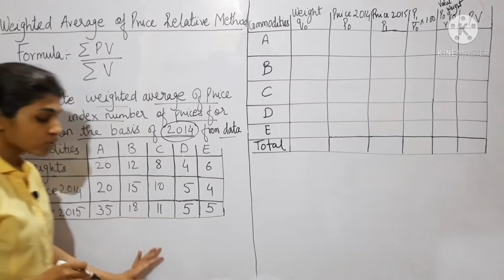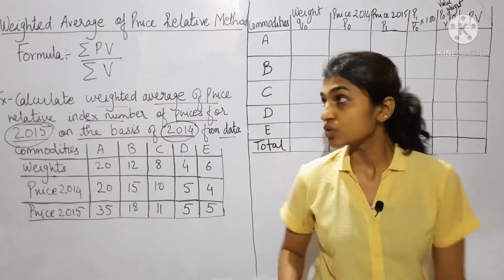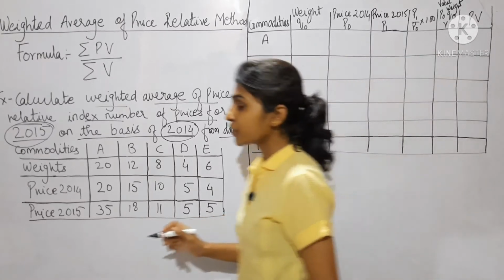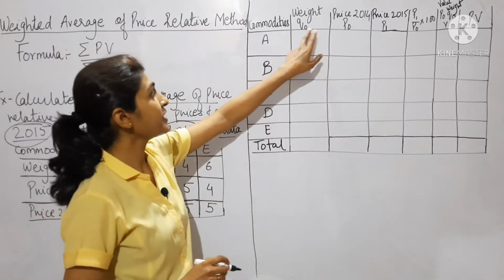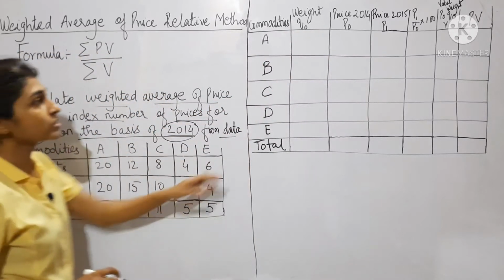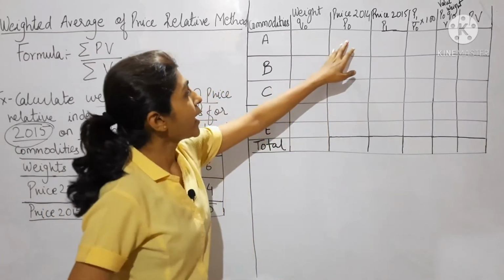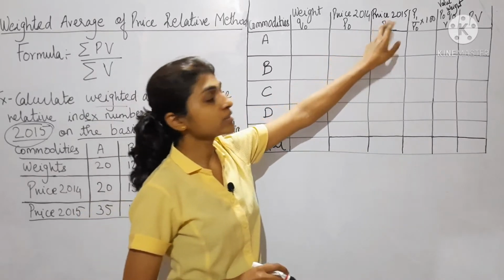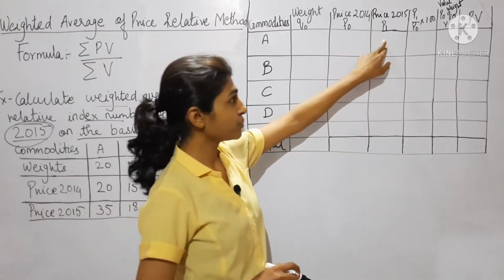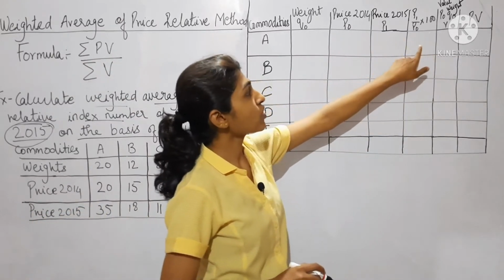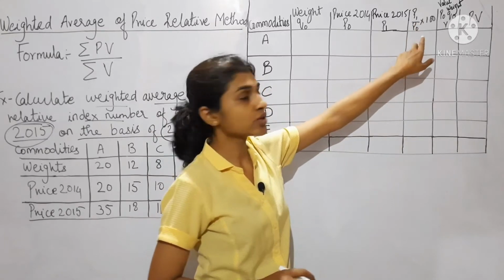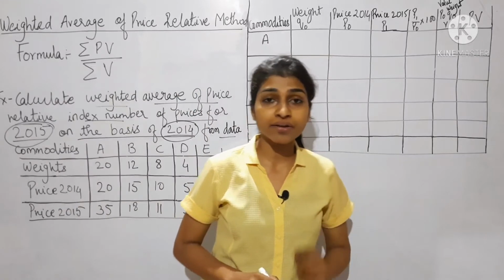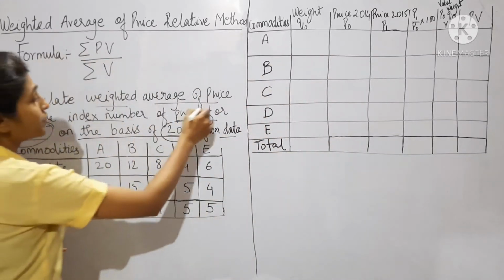Now how to solve this method? Prepare this table: commodities. In the first column you are going to write the weight, denoted as Q0. Prices in 2014 will be denoted as P0, and prices in the year 2015 as P1. The next column is P1 divided by P0 multiplied by 100, which is the formula to find price relative.